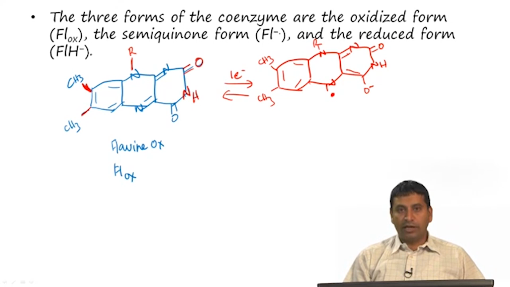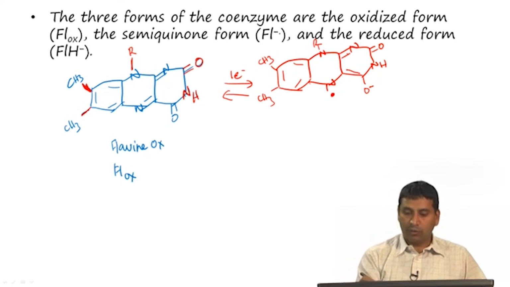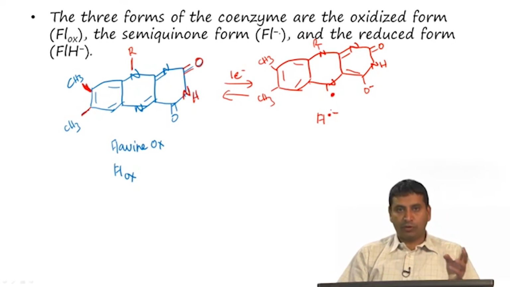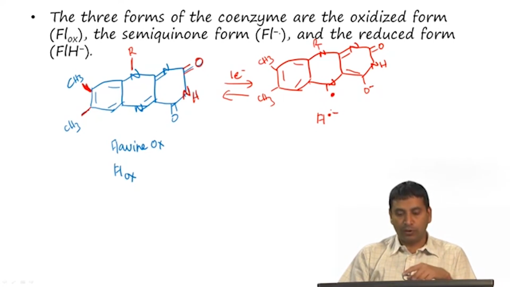So, this intermediate has a 1 electron here, as you can see, and this is called Fl dot minus. What happens in this process is that the flavin ring picks up 1 electron, and it just results in a rearrangement of electrons to produce a nitrogen base radical and an enolate.